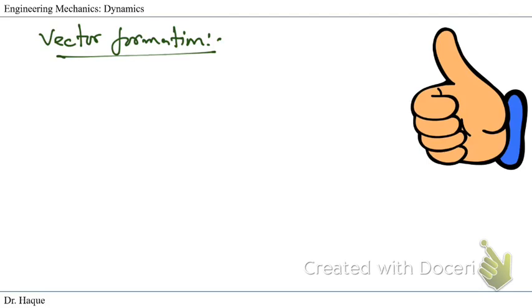So for vector, we assume that instead of the xy plane on the xyz coordinate, now my particle is in space. So it's not on any plane, it's just in space.